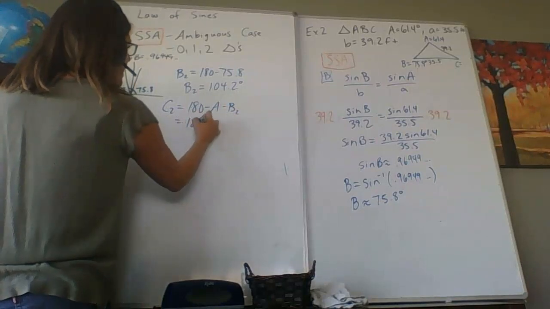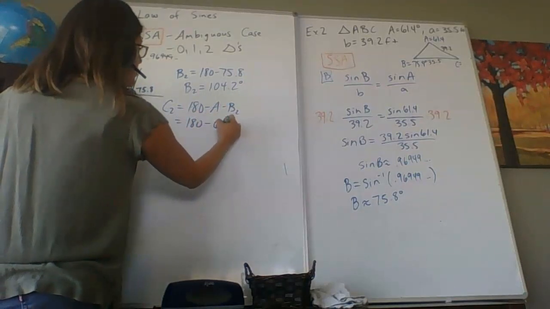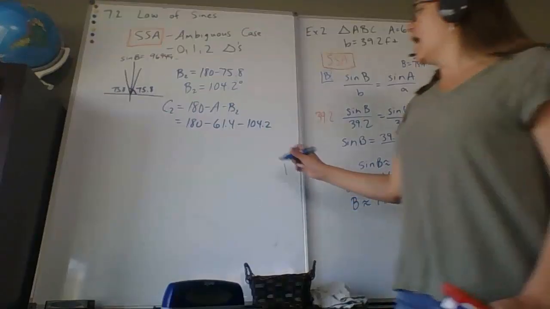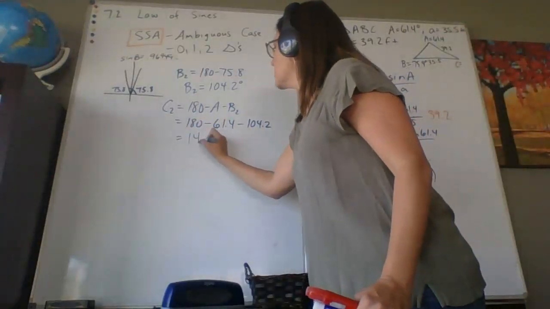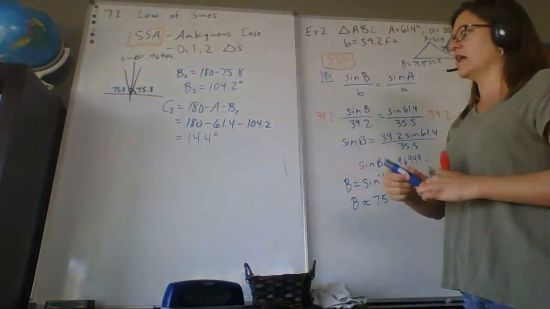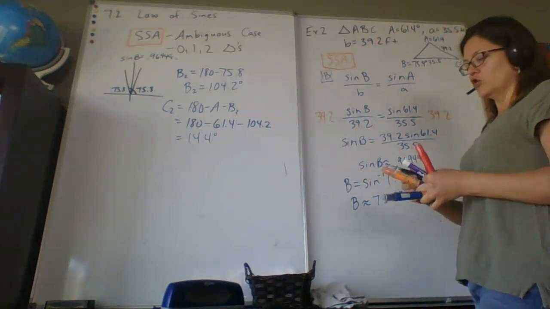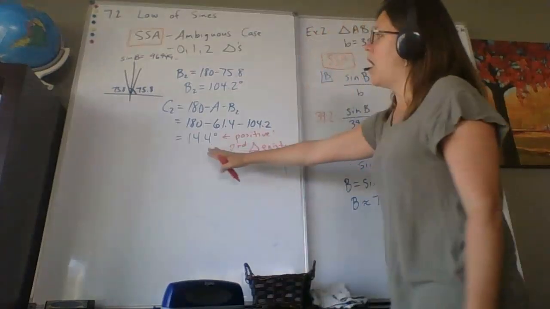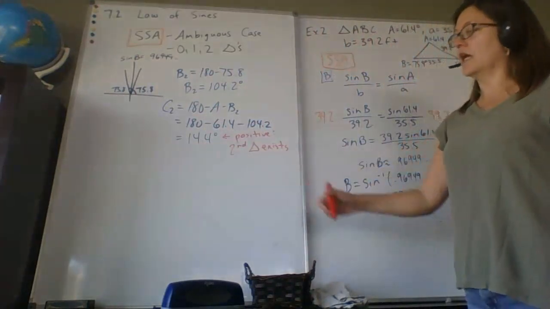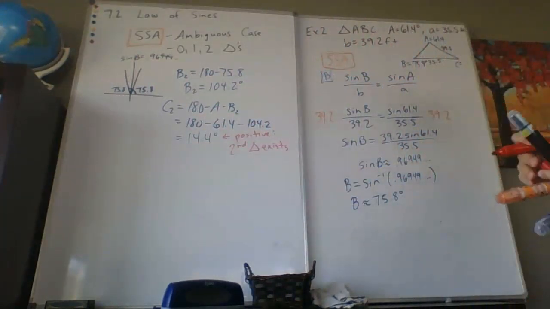So we get 180 minus A, which is 61.4, minus B2, which is 104.2. And because we get a positive answer, because we get an angle right here, this tells us that the second triangle exists.